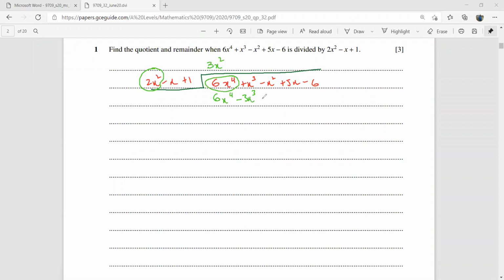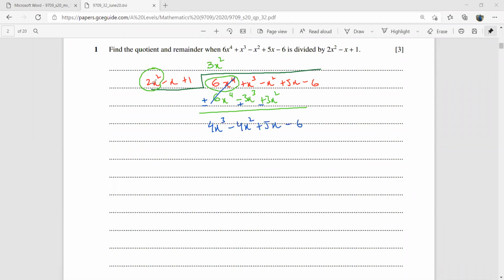And then this is plus 3x squared. And then we have to subtract all of them, so we change the signs to show that subtraction taking place here. So you have 4x cubed and minus 4x squared plus 5x minus 6.